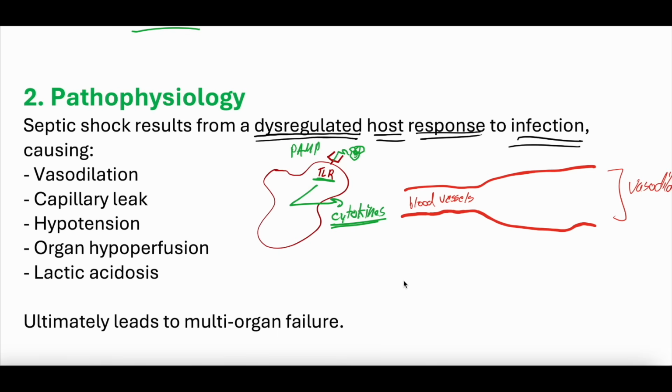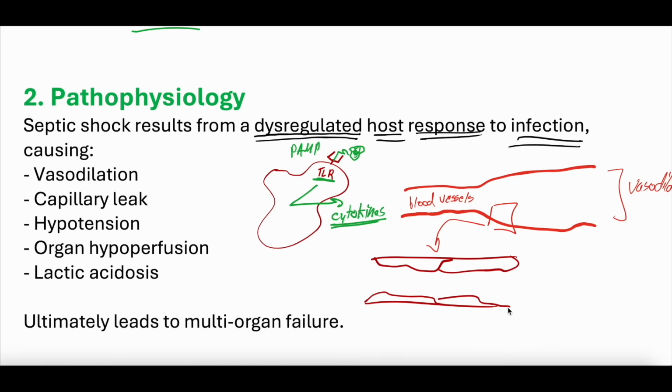But that's only one piece of the puzzle, because the other thing that these cytokines do, if we were to zoom in on one of the walls of the blood vessel, is coated in endothelial cells. These are the cells that make up the blood vessel wall lining. They have nuclei, just like all cells. Well, we shouldn't say all cells, but most cells.